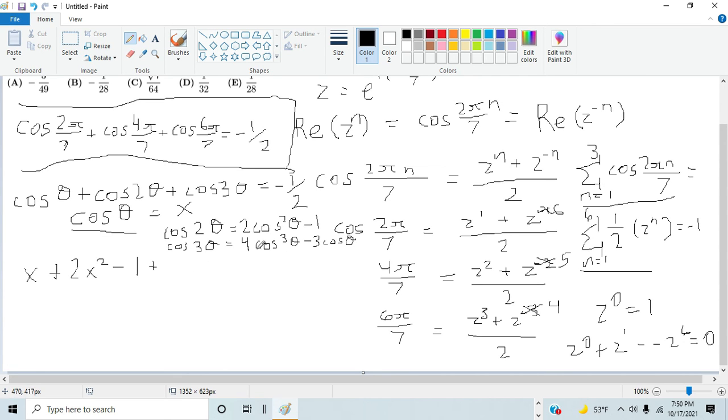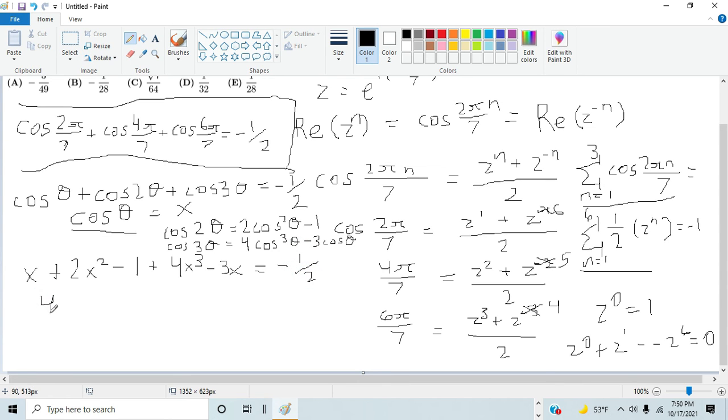So substituting x back in for cos theta, we get that this cos 3 theta turns into 4 cos cubed theta minus 3 cos theta. With cos theta as x, we got 4x cubed minus 3x. And then we set that equal to negative 1/2.